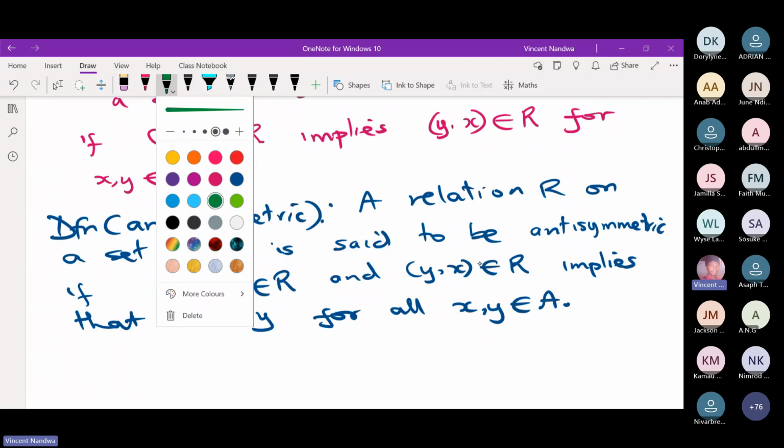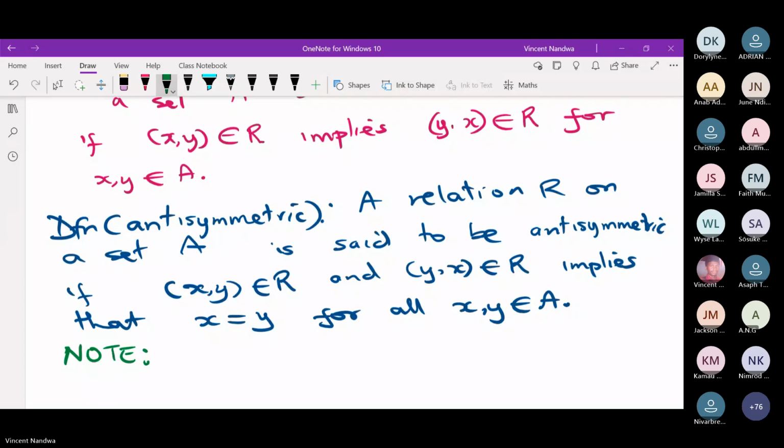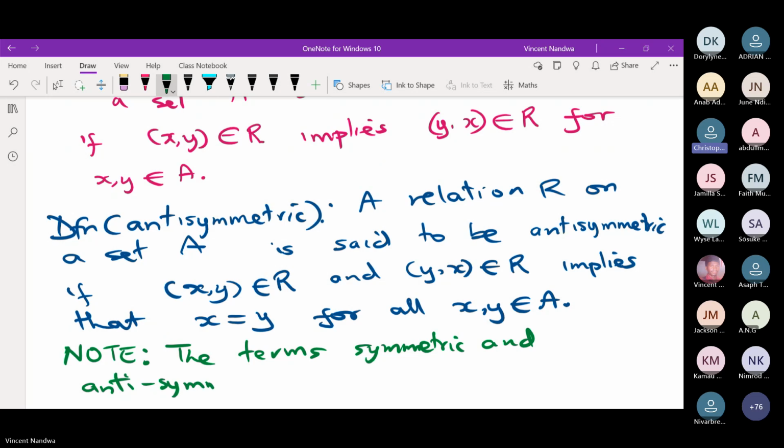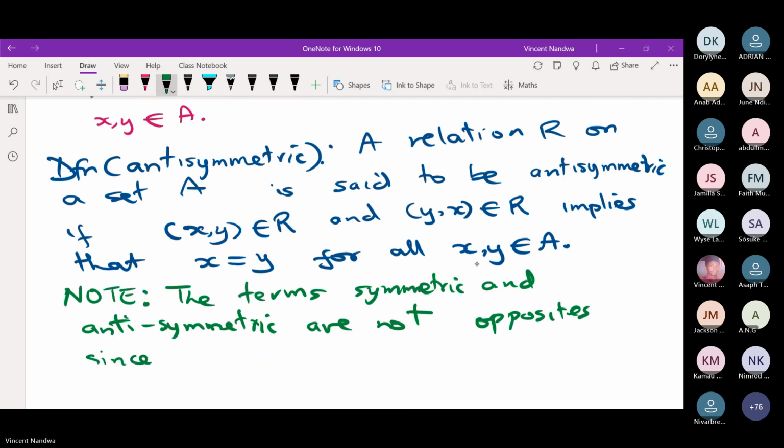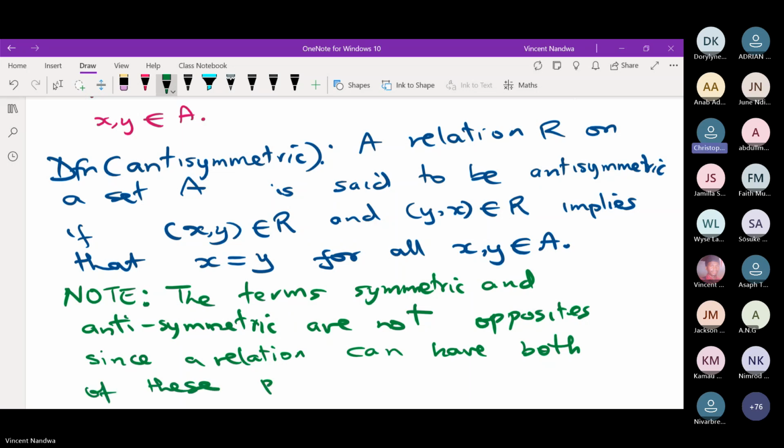And what you must always remember, note that the terms symmetric and antisymmetric are not opposites, since a relation can have both of these properties, or may lack both.